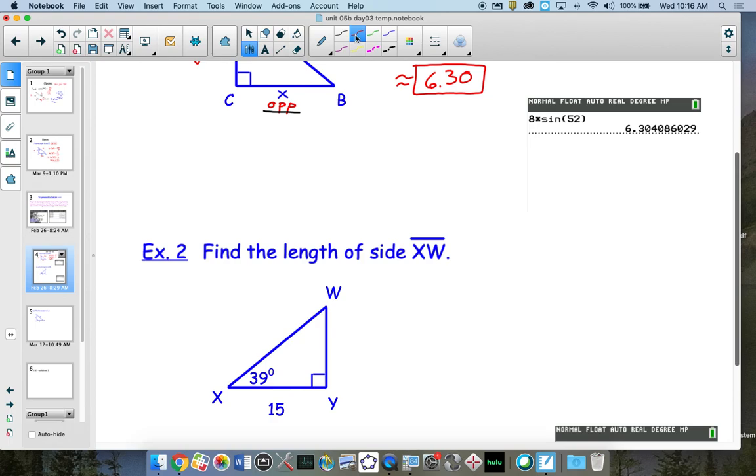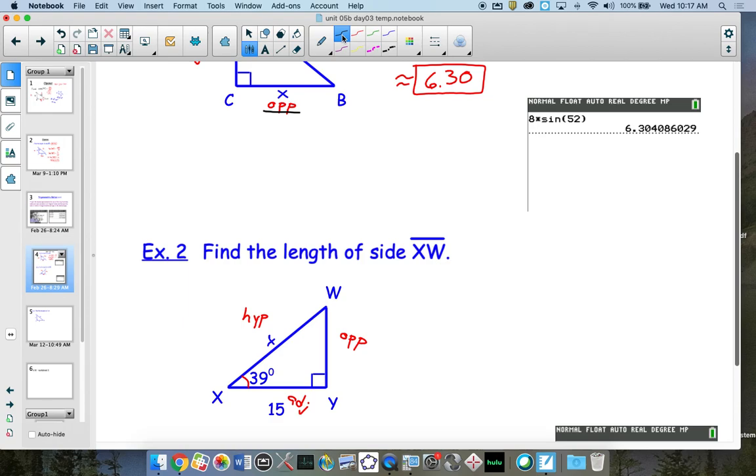So here we go. Here's the angle we're looking at. Let's label. This is the hypotenuse. This is the opposite leg. This is the adjacent leg. They want us to find the length of XW. XW, so that's right here. I'll use a little x for that.